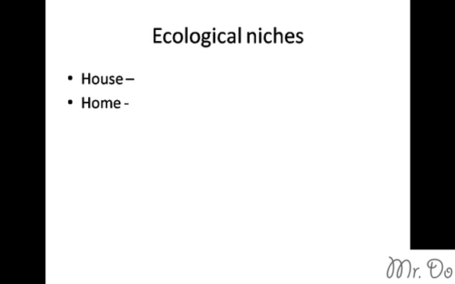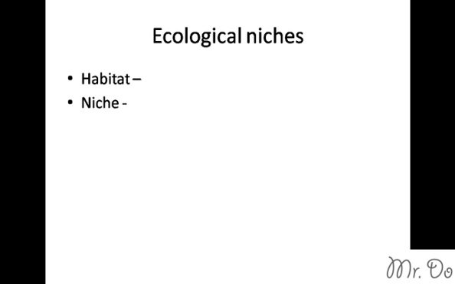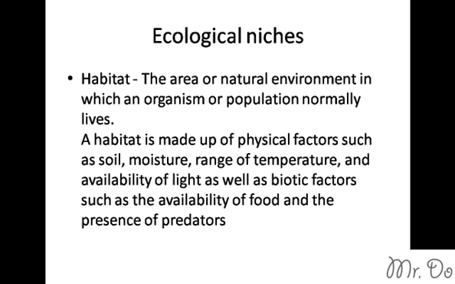Before we go into the definition of ecological niches, I just want to introduce you to some basic stuff. First, a house is a place where you live, versus a home, which is a place where you enjoy living. So ecological niches has 2 things, a habitat and a niche. Habitat is the area or natural environment in which an organism or population normally lives.